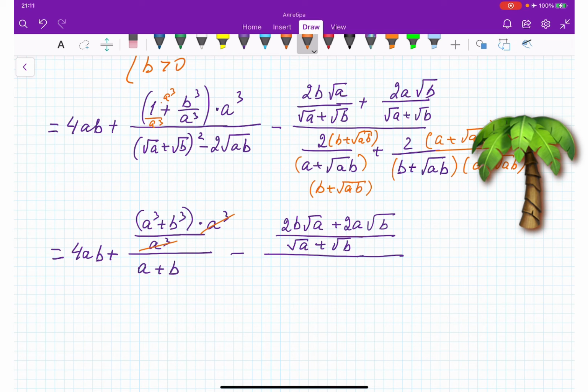And as a result, we are going to get here, if I multiply, distribute, I'm getting 2b plus 2 square root ab and plus 2a plus 2 square root ab.